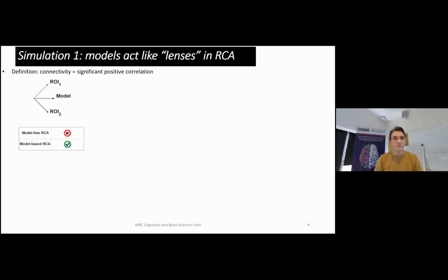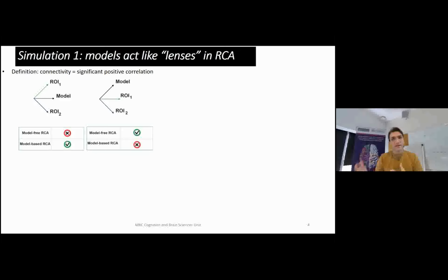But if you have a model in between the two ROIs, you should see connectivity between them if you are using model-based connectivity analysis. From the viewpoint of model-free RCA, you do not see these two ROIs being connected because they are orthogonal to one another. But when you look at them from the viewpoint of a model, you can see that these two ROIs can be related to one another.